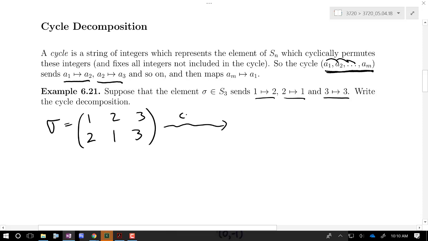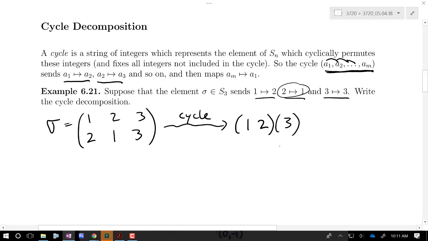So the cycle decomposition would be it sends 1 to 2. And now, when I look to see where it sends 2, it sends it back to 1. That's how I know I close off the cycle. That's why we call it a cycle decomposition, right? Because it'll eventually go back to the beginning. And then 3 gets sent to itself.